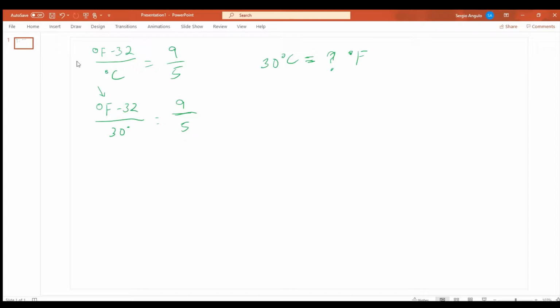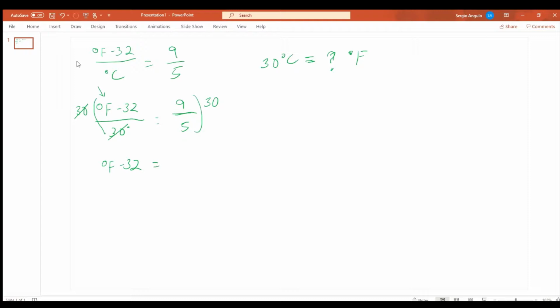In order to get the 30 degrees Celsius away and get the Fahrenheit by itself, I multiply both sides of the equation by 30. This way the 30 cancels out. 30 over 30 is 1. What I'm left with on the left side is degrees Fahrenheit minus 32.